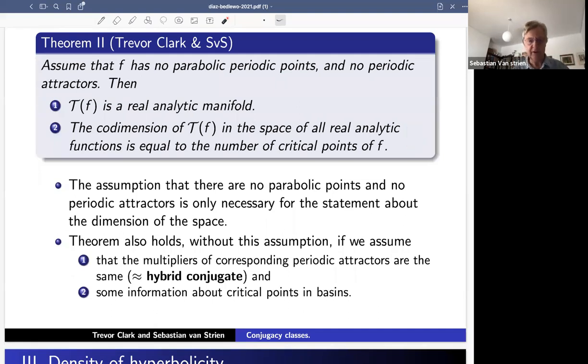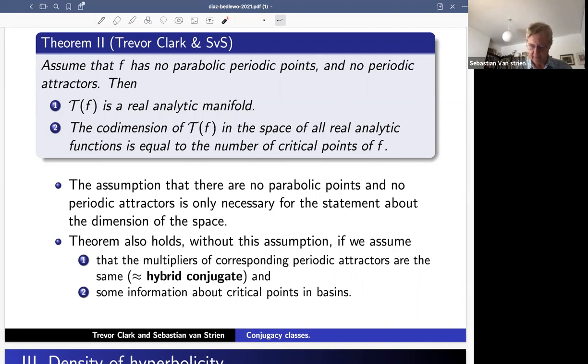But in fact, even then you can say something, but then you might actually prefer to look at hybrid conjugacy, which means that the multipliers of two conjugate maps are even assumed to be the same. So then you redefine the space of conjugacy classes by hybrid conjugacy, which essentially means that they're conjugate, and moreover, the multipliers of the corresponding periodic attractors are the same.